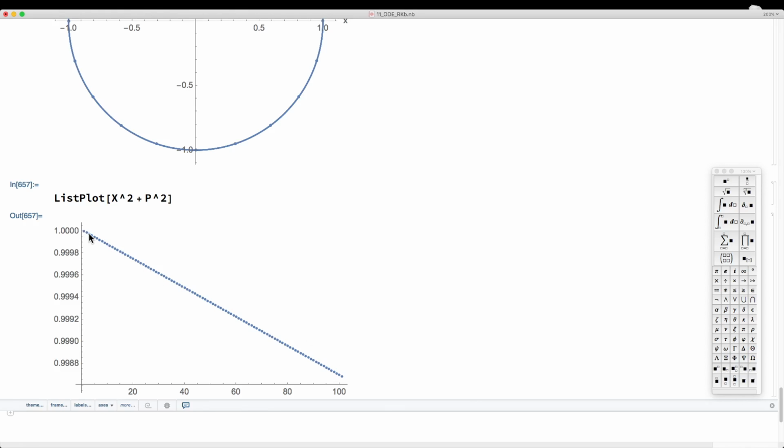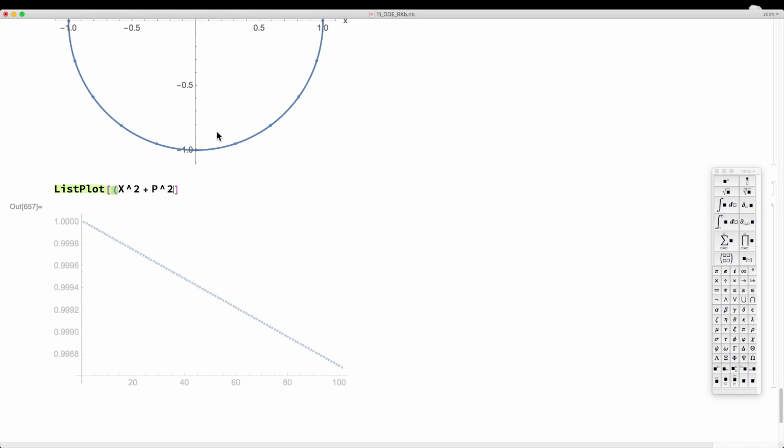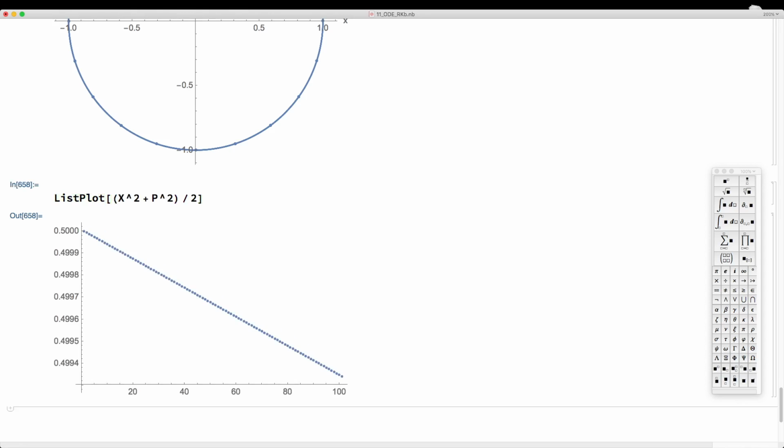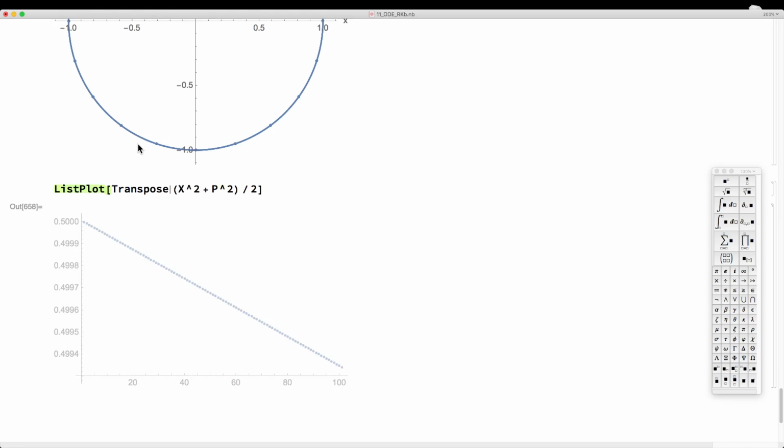So that's a violation of energy conservation, basically. The energy is actually given by this quantity divided by 2. And if I want the time here, I can use transpose T, and then that's the energy.